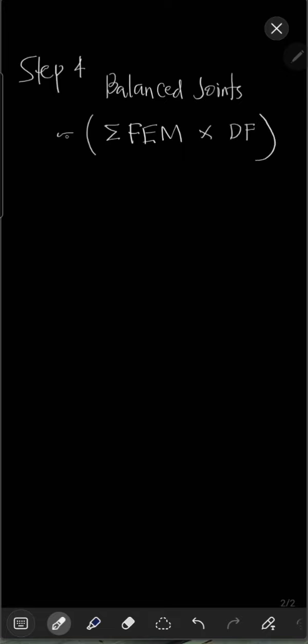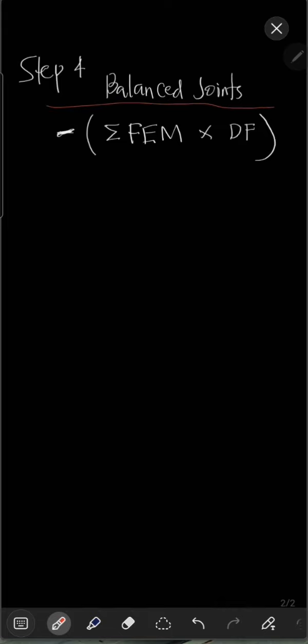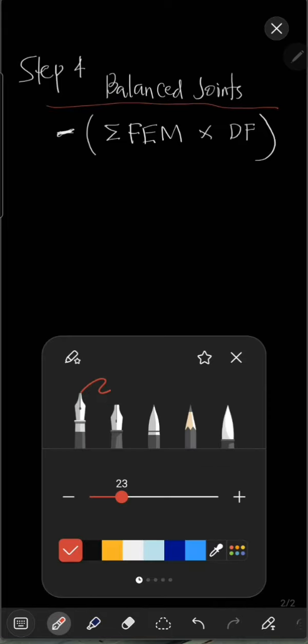Or you just have to convert the sign. Kung positive siya, ma-negative. Kung negative siya, ma-positive. So that is the way, you know, summation of fixed end moments multiplied by distribution factor. So mas masabtan natin na yun kung natay example. Okay.